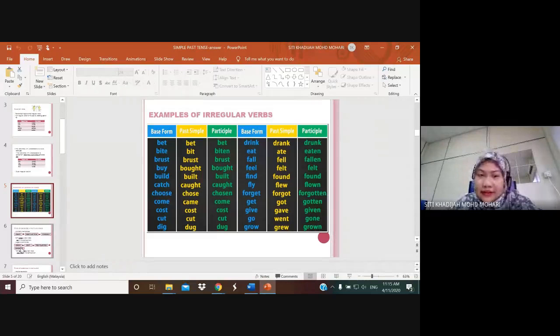Examples of irregular verbs. For example, be, bite, beat, bring, buy, bought, build, built. Yeah, the sounds are quite similar, but the spellings are different. Catch, caught. Drink, drank, eat, ate, fall, fell, feel, felt, find, found, and so many more.